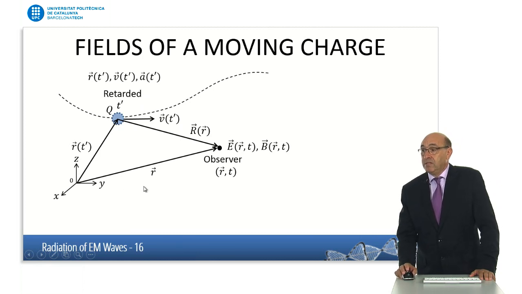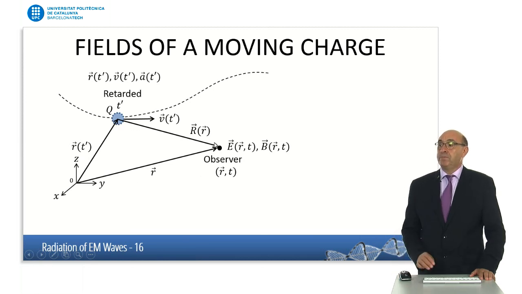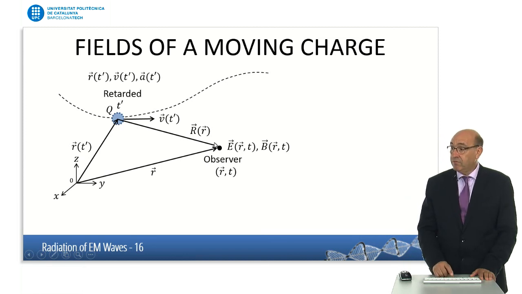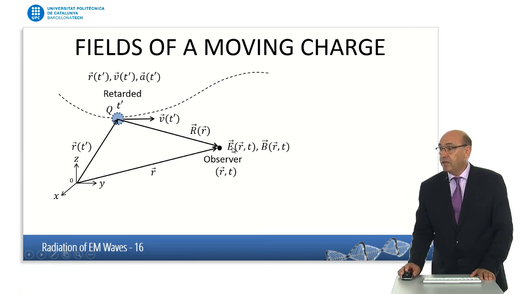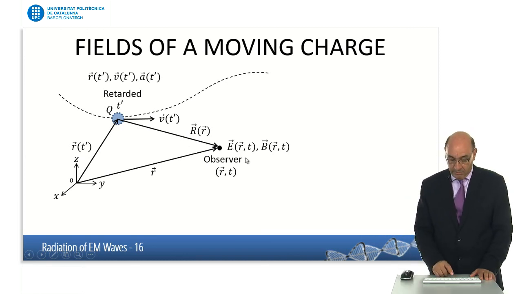Okay, these are just the basic parameters. R prime goes from here to the charge, small r goes to this point of the observer, and capital R goes to this point. With this information, we may now find the electric and the magnetic field at any point of space.